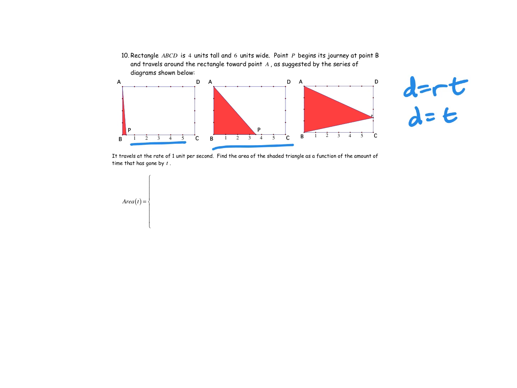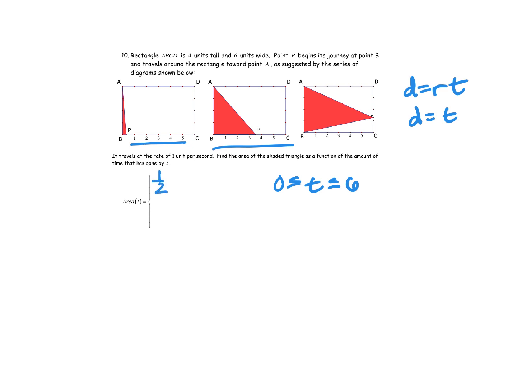And the area there is always going to be 1/2 the base, and that base is changing. And the height is always going to be 4. So from 0 to 6 seconds, we can always do 1/2 times the base.